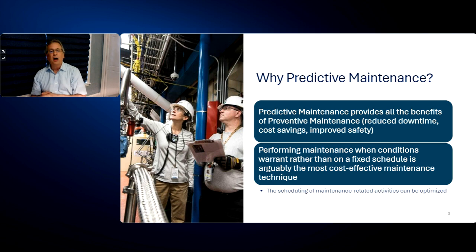Arguably, it's more cost effective. You're still going to get cost savings, but as I'll mention in a moment, predictive maintenance is more cost effective. And obviously, if we're monitoring conditions very closely, we should improve safety.